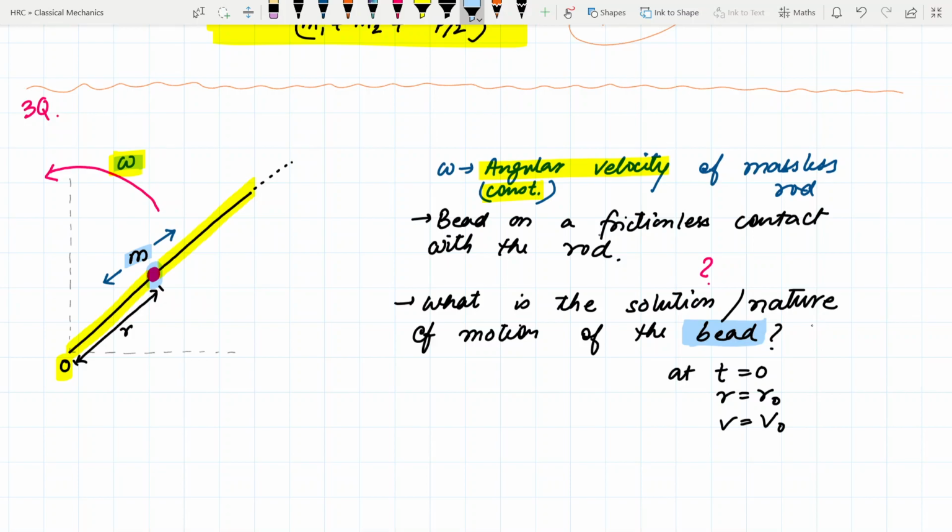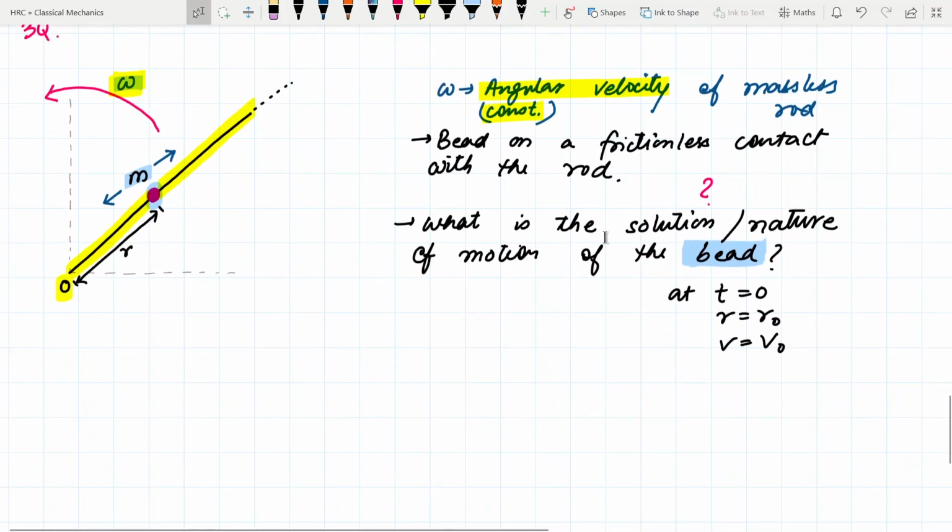Now because we are dealing with rotation, which sort of coordinate frame of reference would be most helpful for us to do the problem? Spherical.